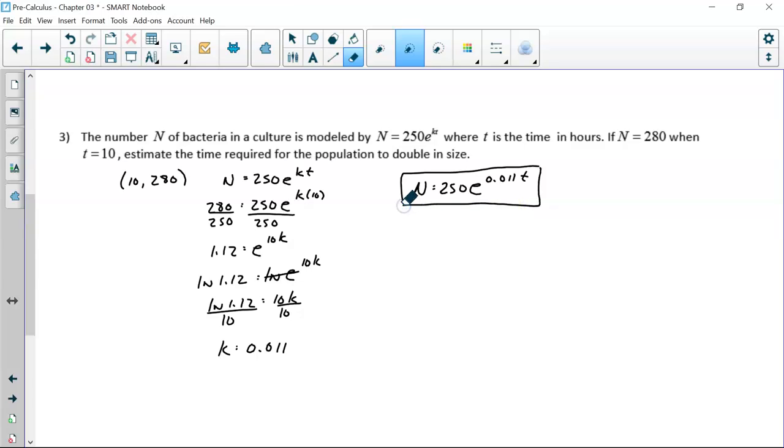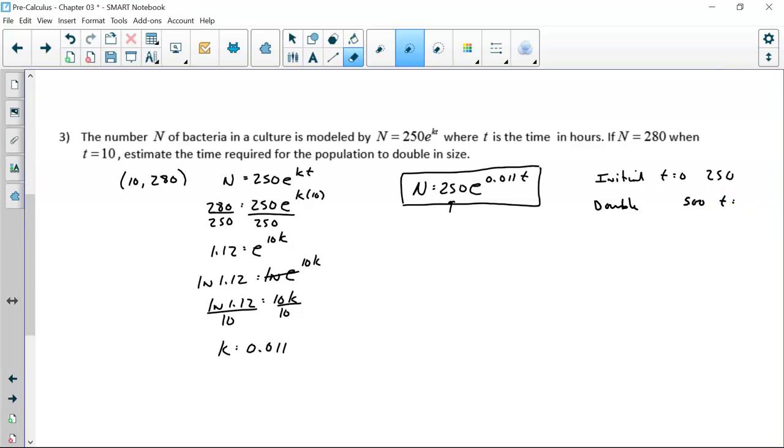Now it says, how long will it take for the population to double in size? Now the initial population, that's when t equals 0, and that's going to be 250. That's our value for a there. Now to double, when you double 250, you get 500.